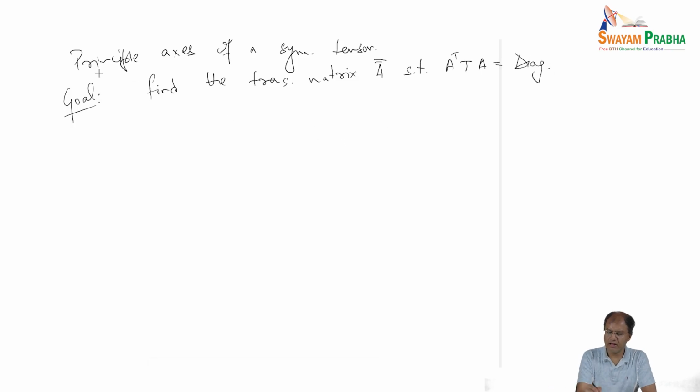That is the case when we expect the transformation matrix to have columns which are the principal axes of the coordinate system.